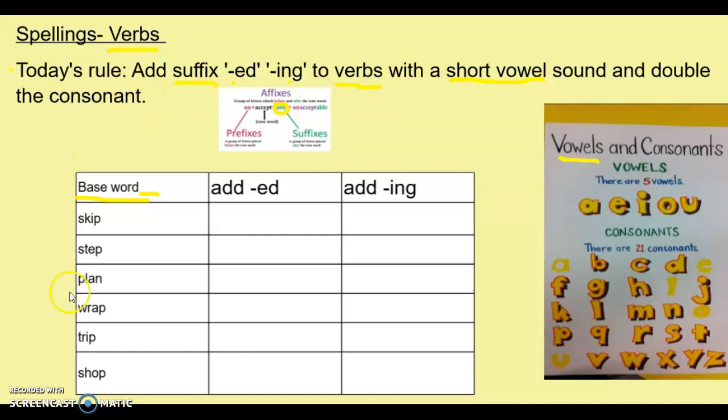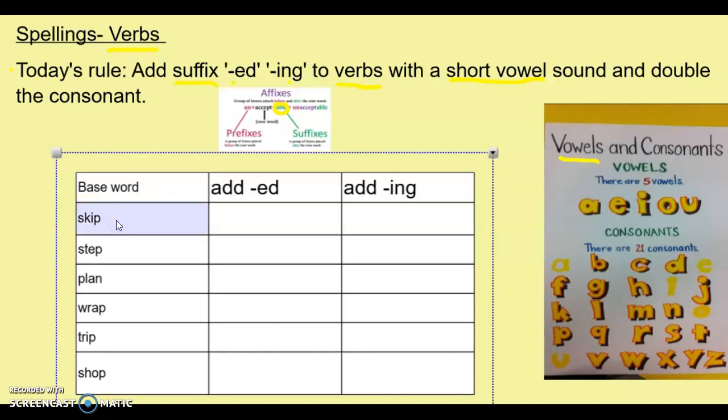Here you have a list of verbs. What you need to do to these root words, skip, step, plan, wrap, trip, and shop, is write them down in your books, and add the suffix ed and add the suffix ing. These words all have a short vowel sound followed by a consonant. If you look at the end, I is a vowel and P is a consonant.